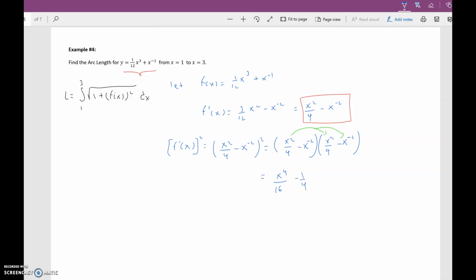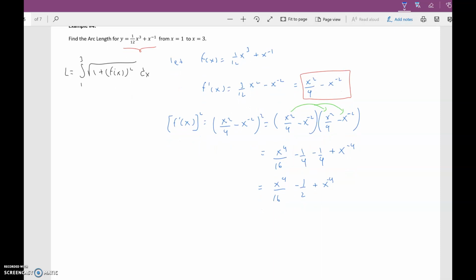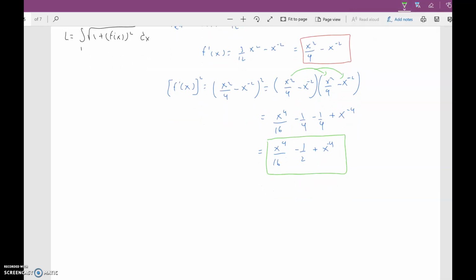And then we have a negative 1/4 again, and then plus x to the negative 4. So this one simplifies as x to the 4th over 16 minus 1/2 plus x to the negative 4. That happens to be equivalent to f prime of x squared.